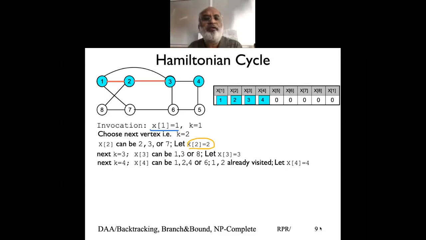So for k is equal to 5, my choices are only this or this because 3 is already visited. So I choose 5 and then I make x5. Continue this way. Vertex number 6 will be only 6.